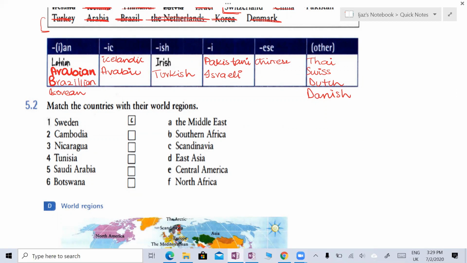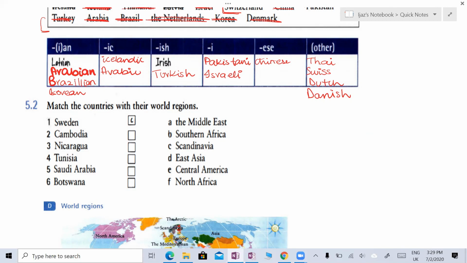Mostly it is related to the nationality of the person, but not all the time. For example, Pakistanis don't say the Pakistani language, they say Urdu, right? But in some countries, like for example, Arabs speak Arabic.